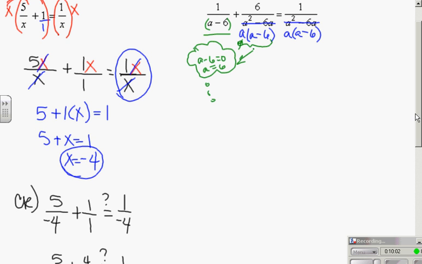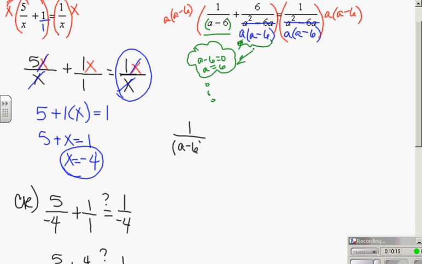So now I'm going to go ahead and multiply everything by that least common denominator. Okay, I'm going to go ahead and take the time to color code it for you again.